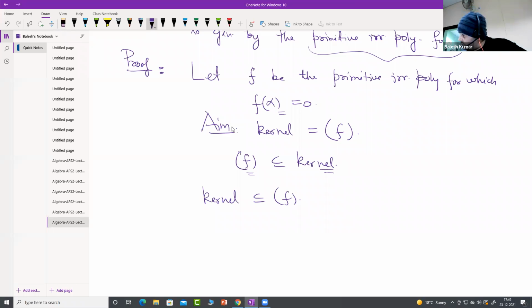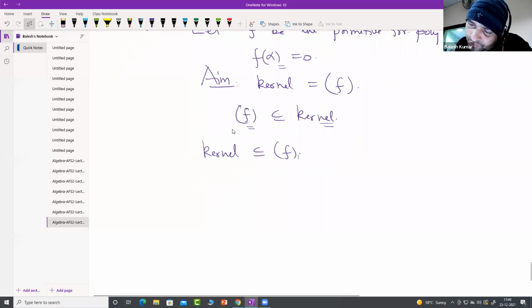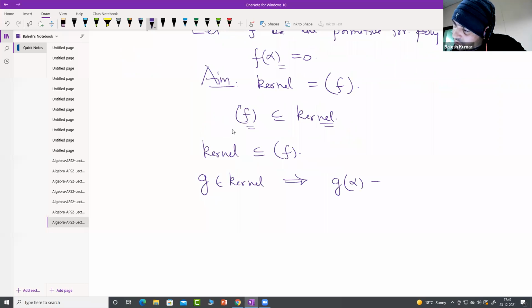and that you can also prove, because if you take g belonging to the kernel, what does this imply? That g(alpha) is equal to 0, but f is a primitive irreducible element, so this implies that f divides g, yeah, f divides g inside Q[x].